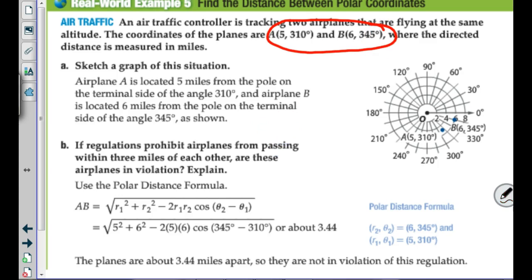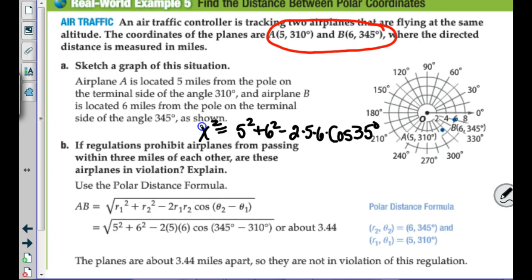If I were doing it by law of cosines, I would say how far apart are those two angles, and I'd use 35. But you guys can use the formula if you want. So I'm going to do it that way.